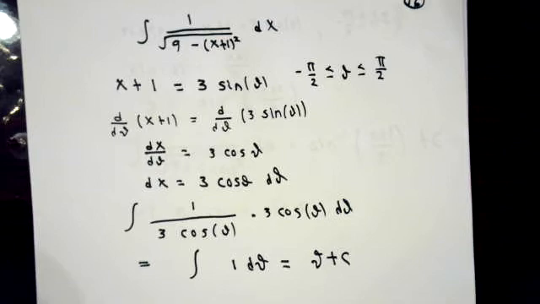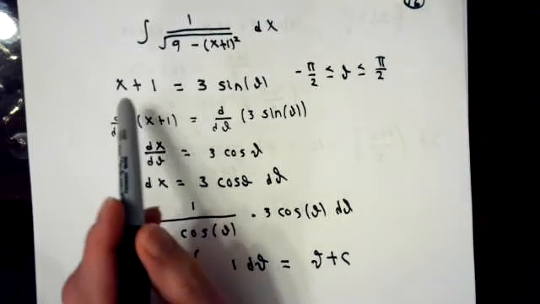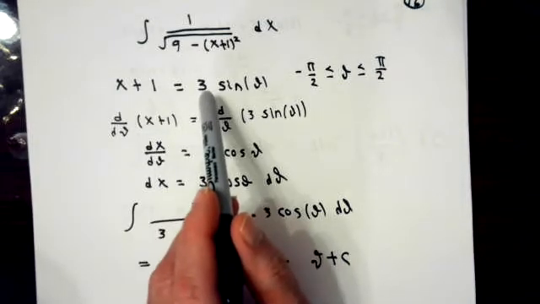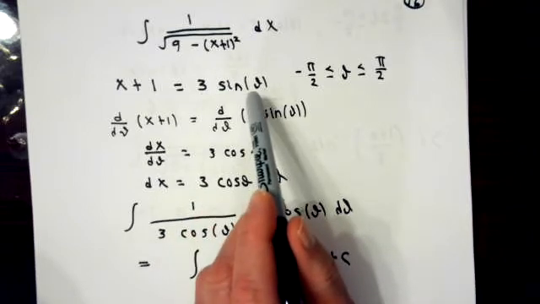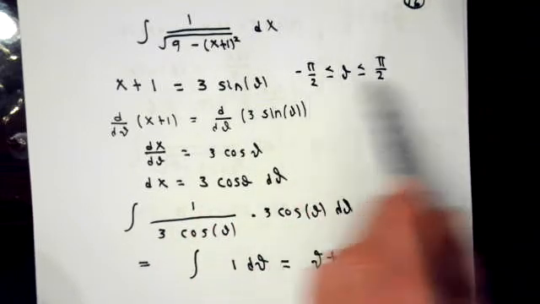The u would have to be x plus 1. And in our recipe, we said when I had the square root of a squared minus u squared, the cookbook recipe is u equals a sine theta. So u is x plus 1, a is 3, times sine of theta, where theta is in the nice range of values.